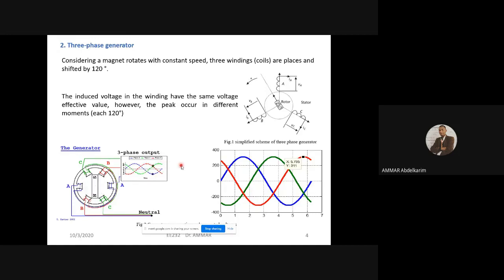So those three induced voltages are shifted by 120 degrees due to the design of this generator, and have the same effective value, but the peak changes each time. So the peak appears each 120 degrees, and those are the shape of three-phase voltages.